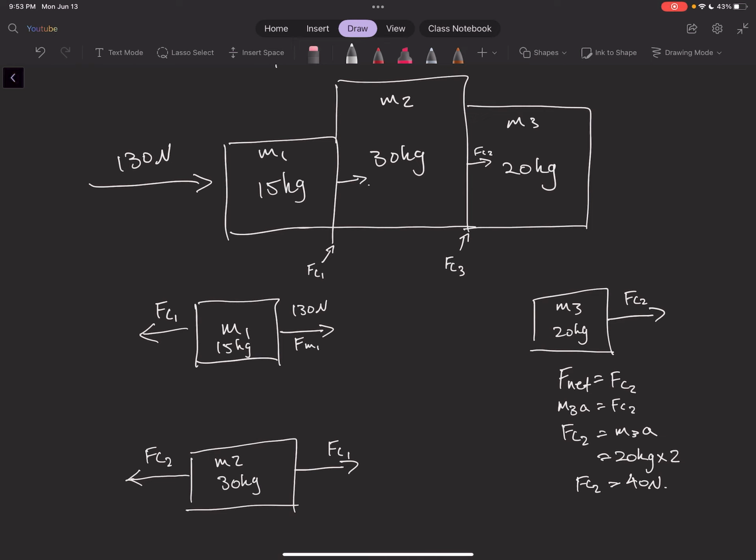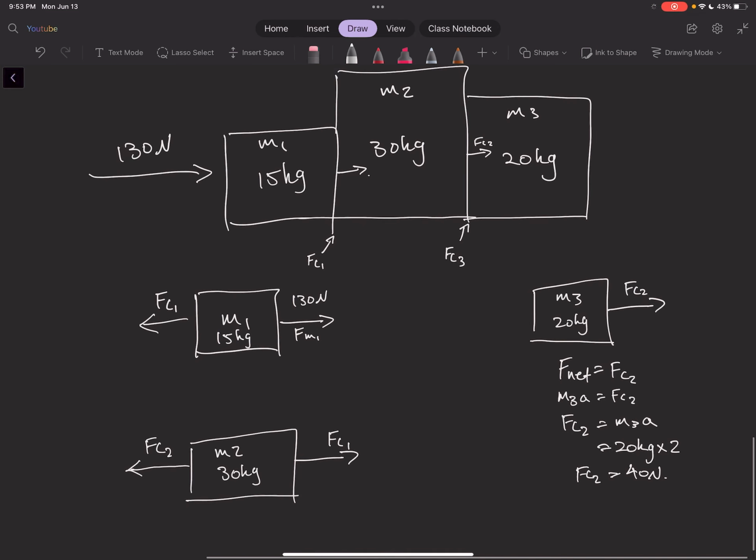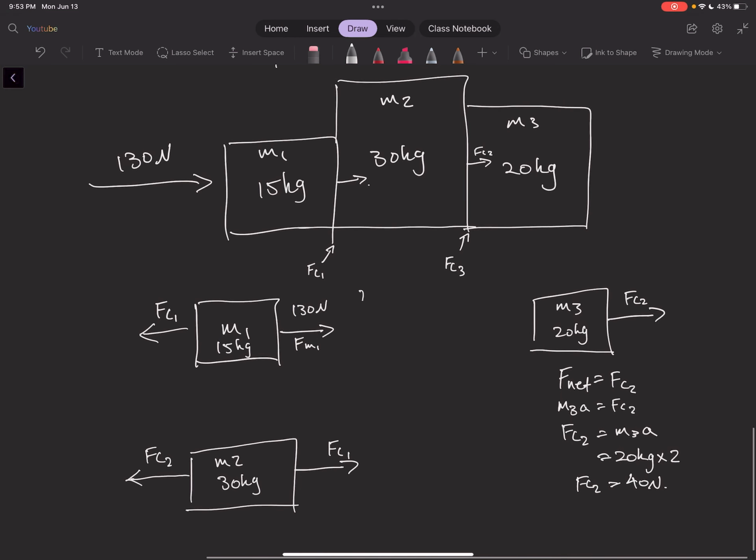Now let's go backwards. Let's start from the first block here. For this block, we also want to look at what the net force is experienced by this block. Net force experienced by this block is the force that's going to the right minus the force going to the left, which just so happens to be 130 minus Fc1. Again, we know what F net is. F net is just F equals ma for this block.